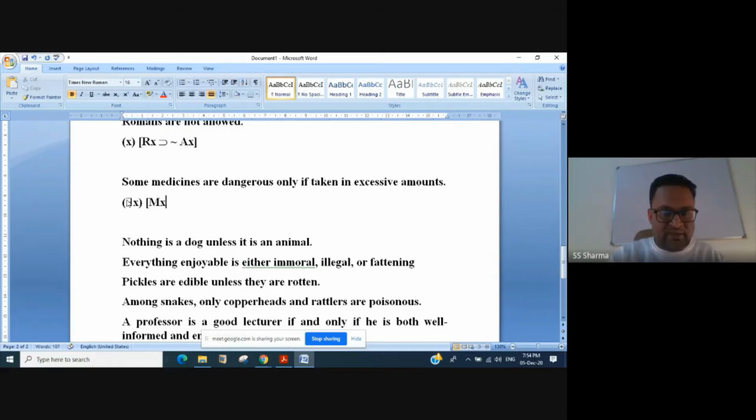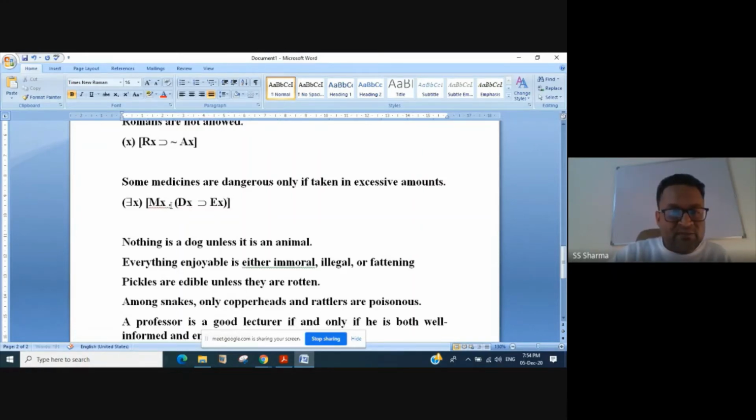So we will say Mx is dangerous only if, so we will put the bracket over here, and if they are taken, I will copy it from here, only if they are taken in excessive amount. So it will be like this.